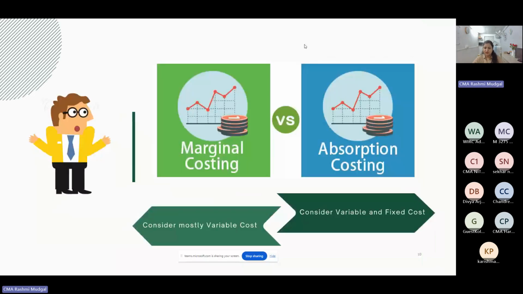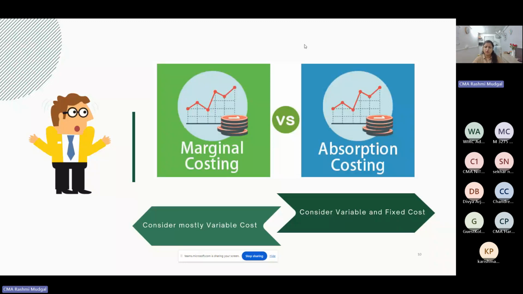What is the difference between marginal costing and absorption costing? Firstly, marginal costing considers mostly variable cost. Mostly means that if I increase a small number of units in my production, there could be a possibility that no fixed cost will increase.